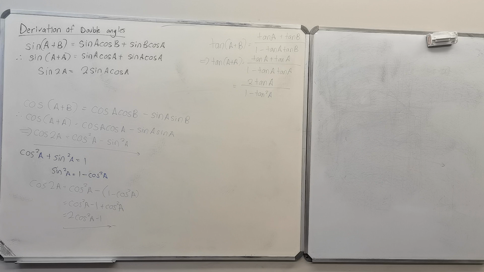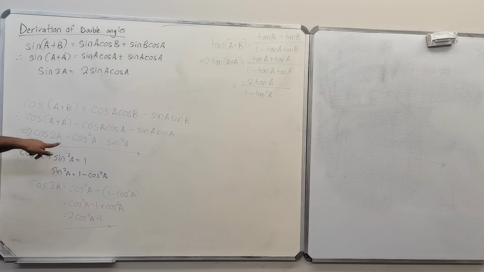Cos is different. Cos goes the opposite way. cos 2A is equal to cos squared A minus sin squared A. Yes, that's this here.